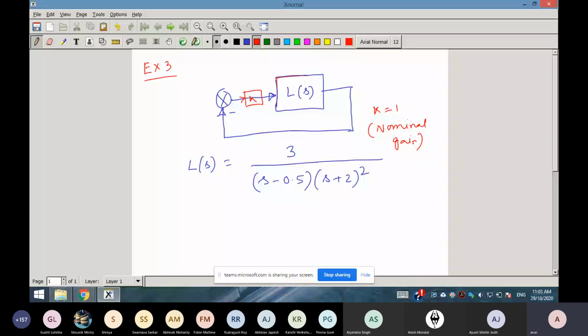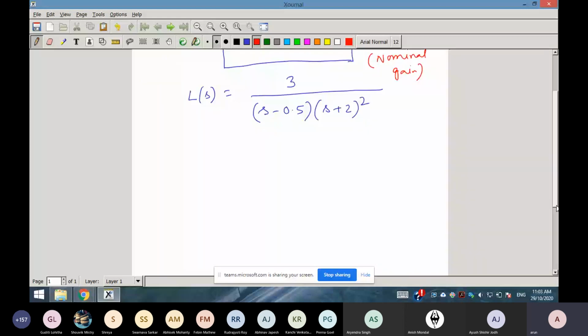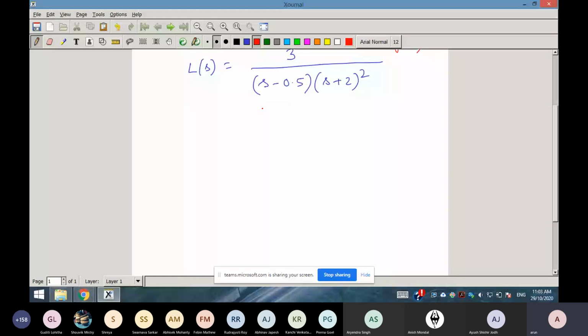So this is the loop transfer function, suppose. Now I will draw the root locus for this. My shape is not important, but the imaginary axis crossing and all these things are important.